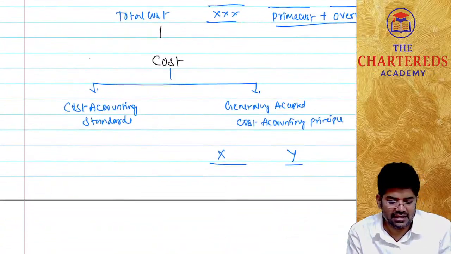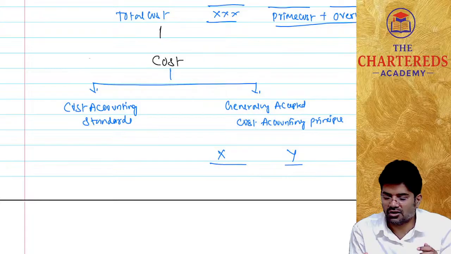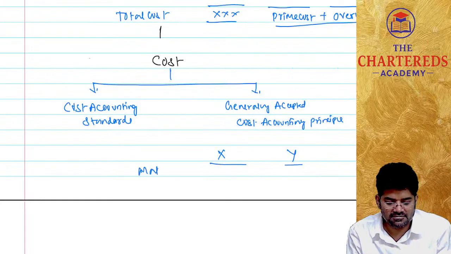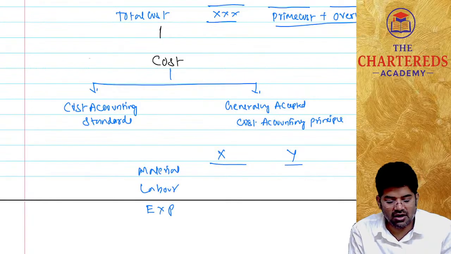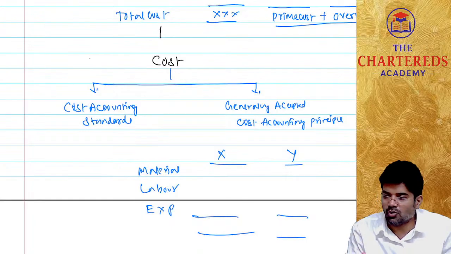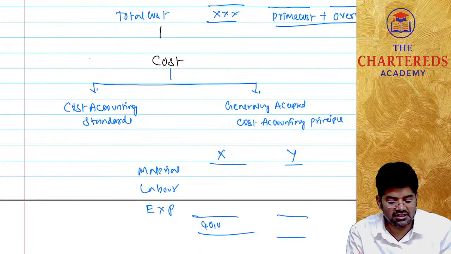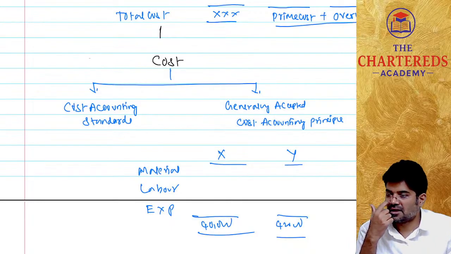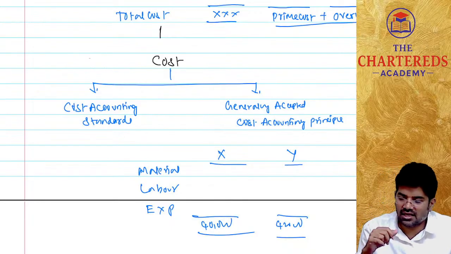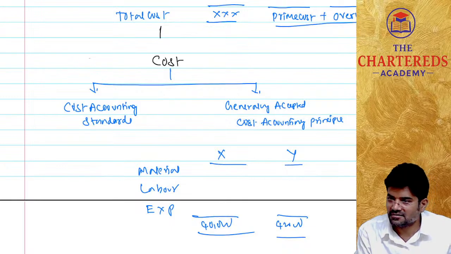Both of them arrived at the cost. They took the material cost, they took the labor cost, they also took the expenses. Now the amount X got is 40,000, the amount Y got is 42,000. Now why did this happen? Actually the cost should have been the same, no?